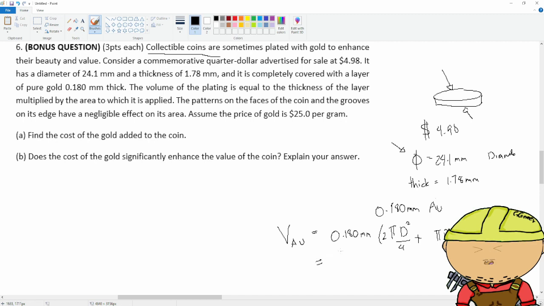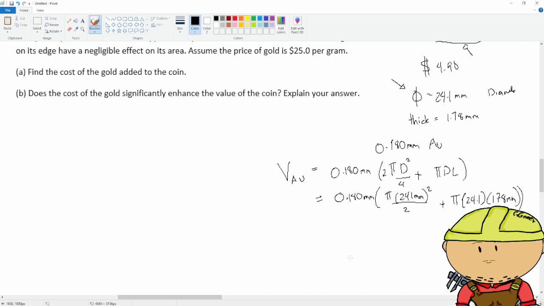So the volume will be 0.180 millimeter times pi times 24.1 millimeter squared over 2 plus pi times 24.1 times 1.78 millimeter.